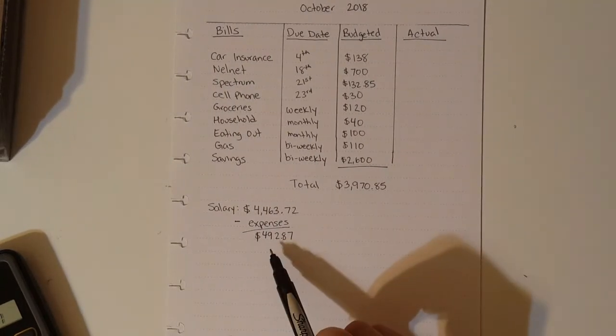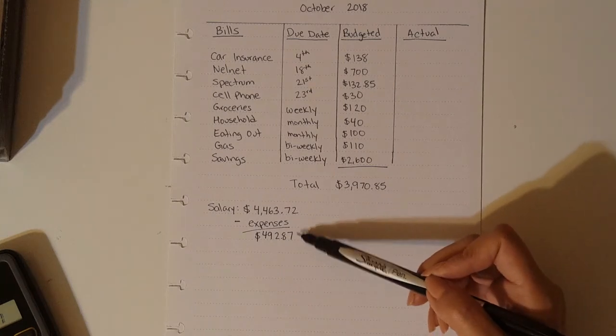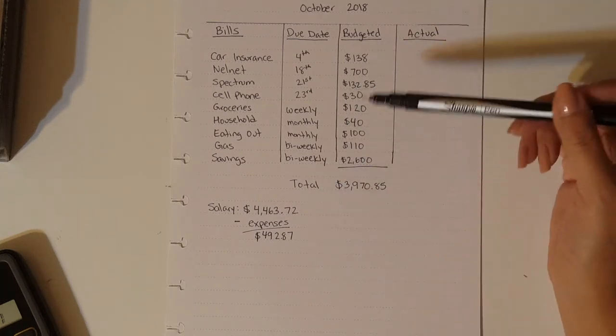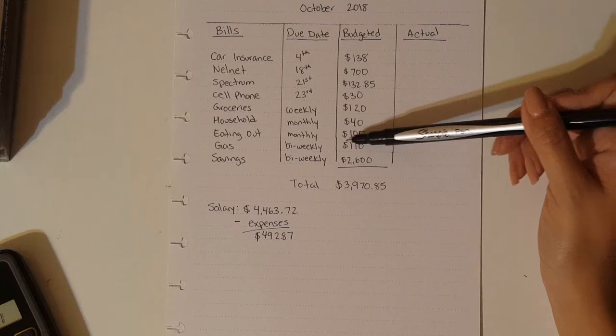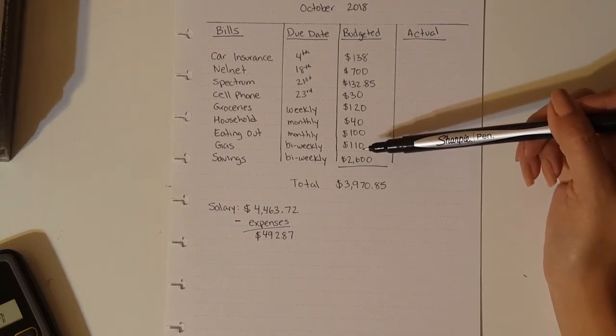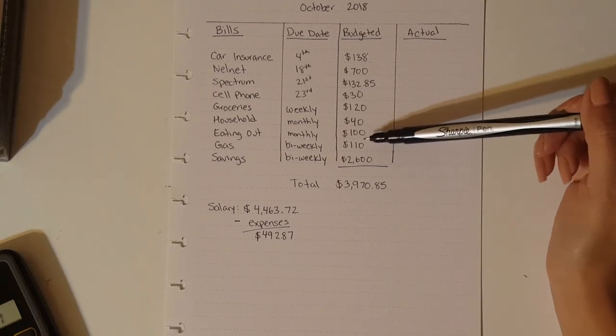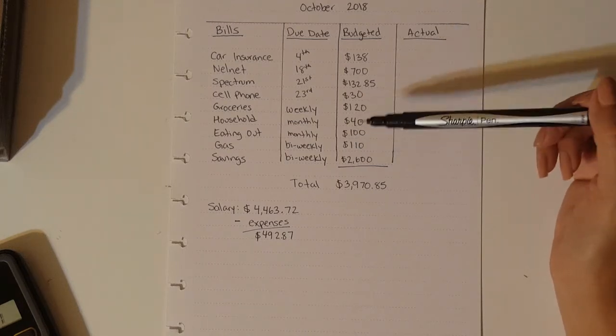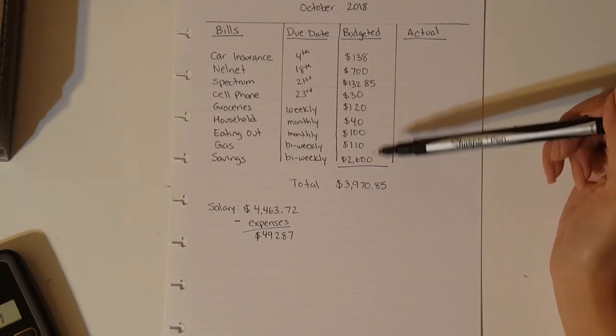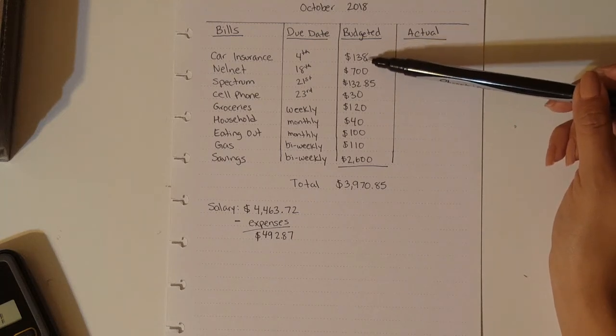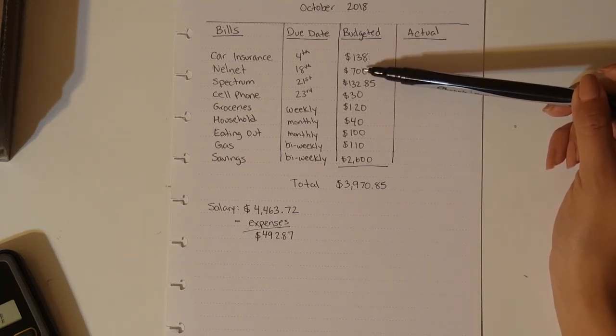So even though that's pretty high, I feel comfortable leaving that just because, like I mentioned, I already anticipate that for gas, I'm going to go over since I just put $65 to fill up my tank. Eating out, I basically keep my receipts and keep a tally of how much I've spent. And then, like, this is already paid for.